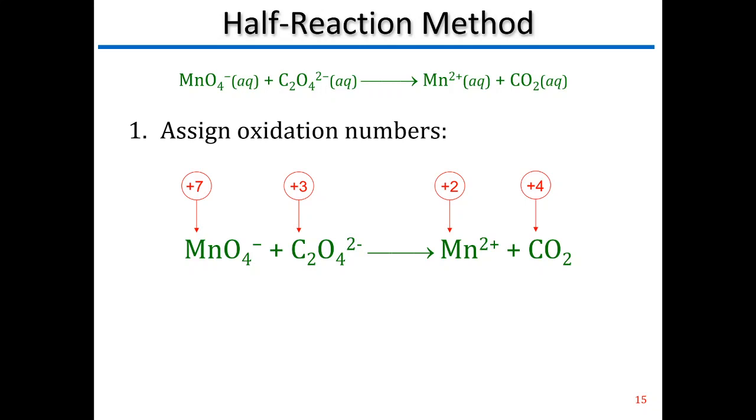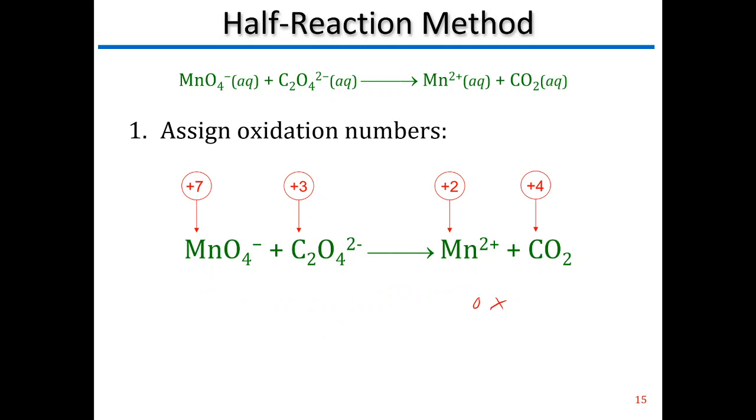So the first thing we need to do, after we assign oxidation numbers, is figure out what was oxidized and what was reduced. Here we have manganese going from +7 to +2. So clearly it's gained some electrons, so this is the one that's being reduced. Then we have carbon going from +3 to +4, so clearly it's being oxidized.